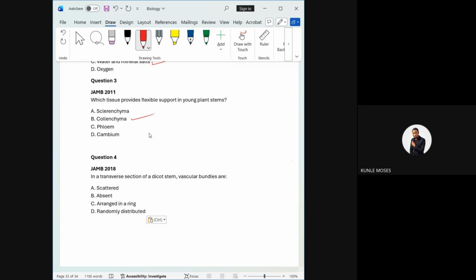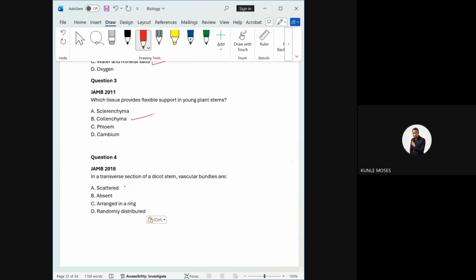Is it the monocots or the dicots? What do you say? Dicots. What's the answer? It's scattered. Dicot is scattered. Yes.